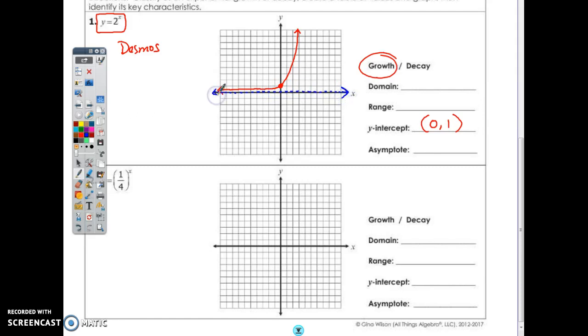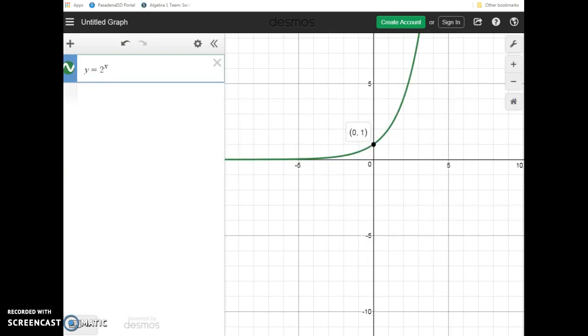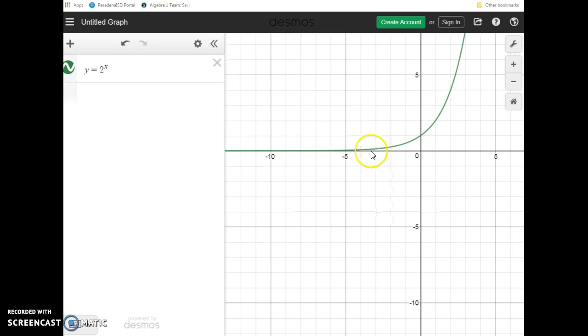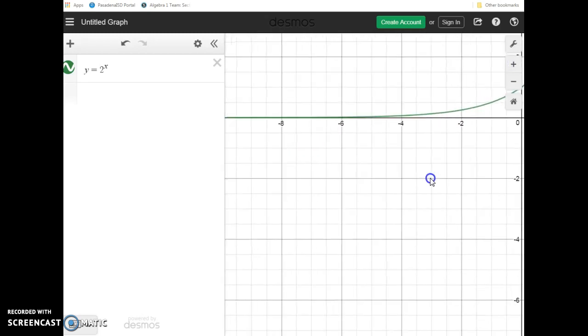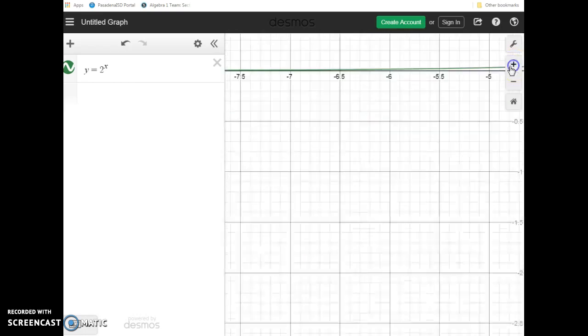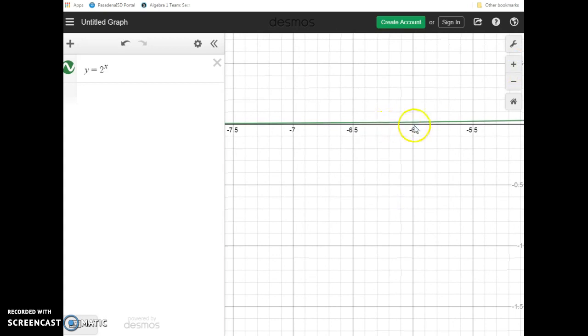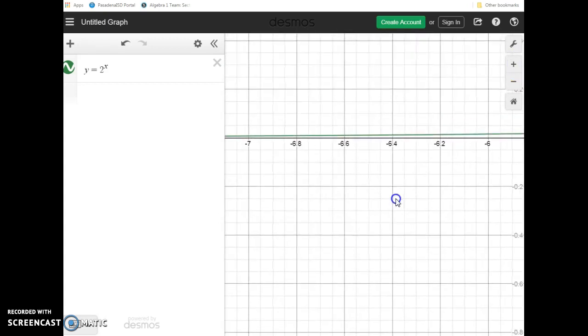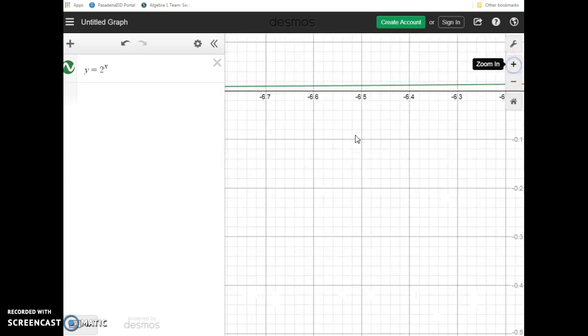And if you don't believe me, let's go check in Desmos. And what I'm going to do is I'm just going to start zooming in. And you're going to notice, because right now, look, it looks like it touches 0, right? But if I zoom in, the more I zoom in, the more I notice that it never really touches at 0. You see? It's not touching the 0, the x-axis.